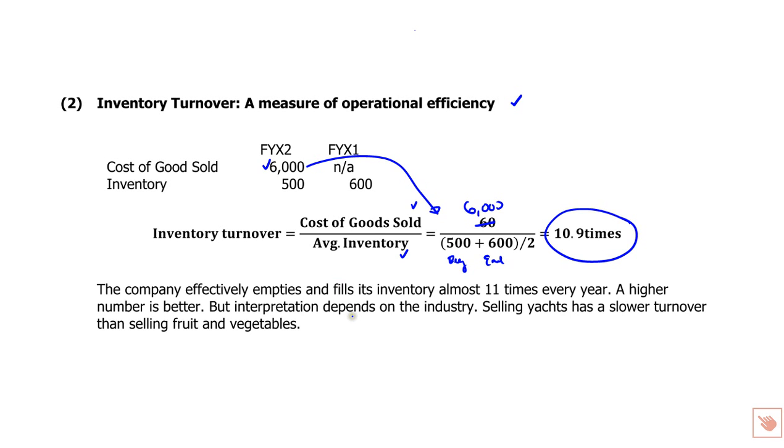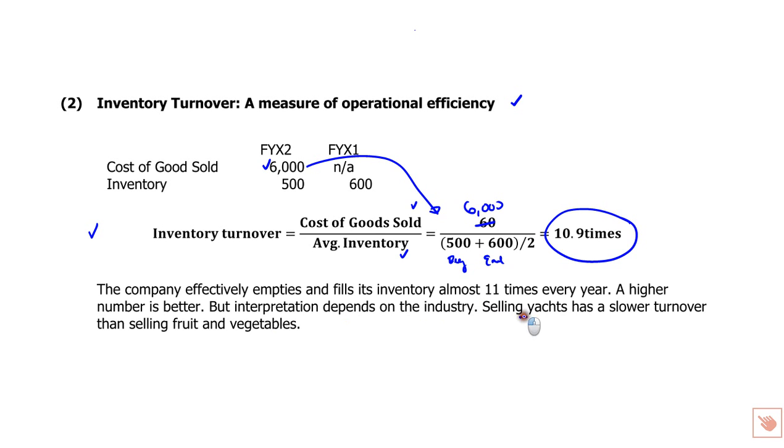Once again, this is something that's industry dependent. Companies like Walmart really stand out because they can turn their inventory over faster. So given your industry, you want to be able to turn your inventory over faster than your competitors. So this is something that companies monitor, and they monitor their competitors to see how they're doing.